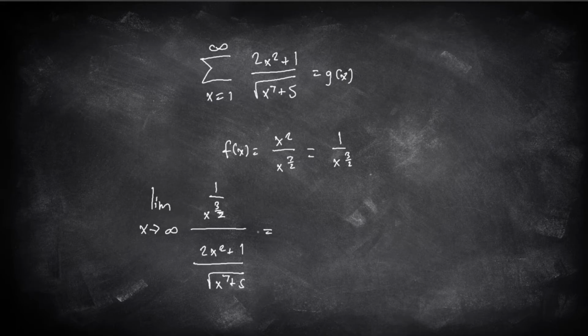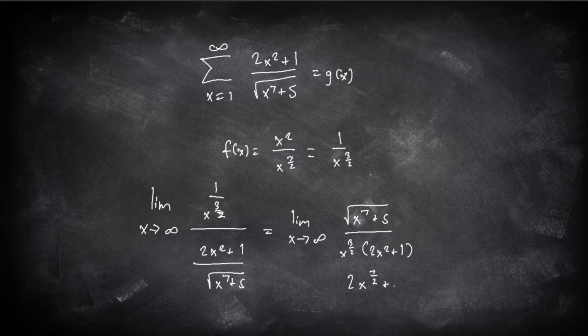Now dividing is the same thing as multiplying by its reciprocal. So this could be written as the square root of x to the 7 plus 5 divided by x to the power 3 over 2 on the bottom, times 2x squared plus 1. This simplifies to 2x to the power of 7 over 2 plus x to the power of 3 over 2.